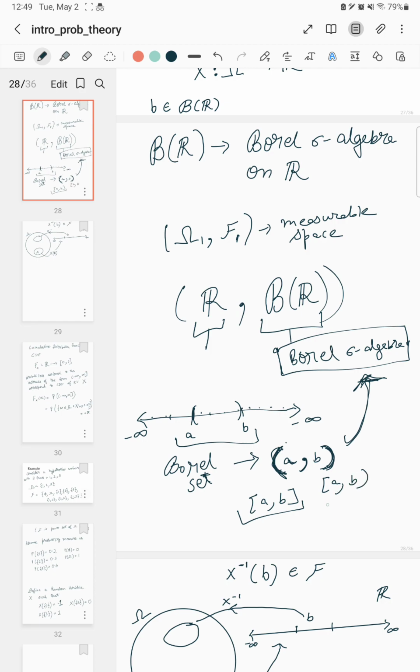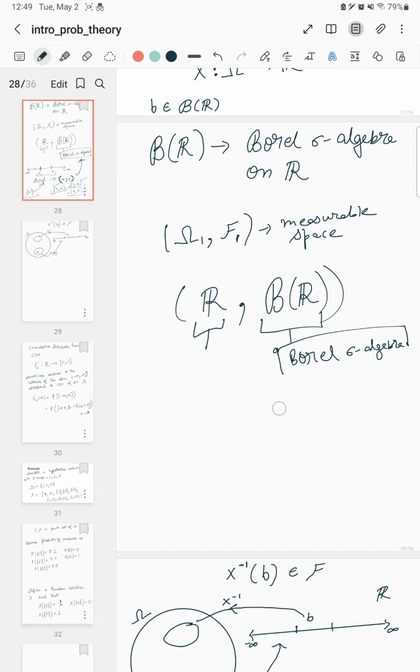This also is a Borel set. This is also a Borel set. And this is also a Borel set. You can watch our video on the Borel sets for seeing the proof of all of these. Okay.